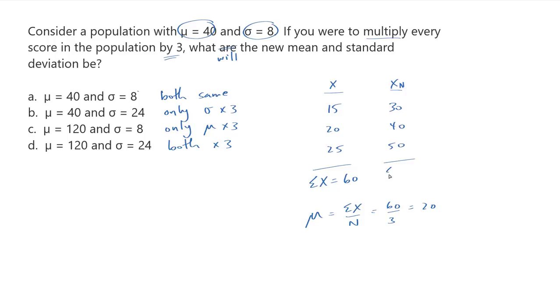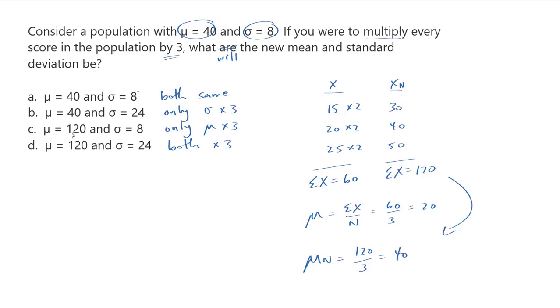Have a look at my new sum of x. It's 30, 40, and 50, which makes 120. So my new average is 120 over 3, which is 40. Compared with my old average, the new average has doubled. I doubled all of the values, and that ended up doubling the average.